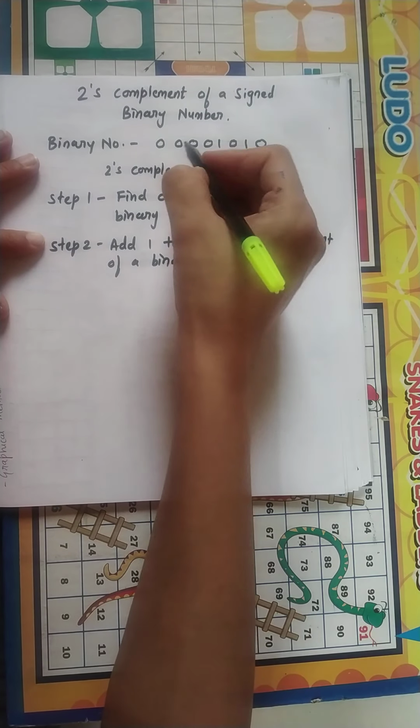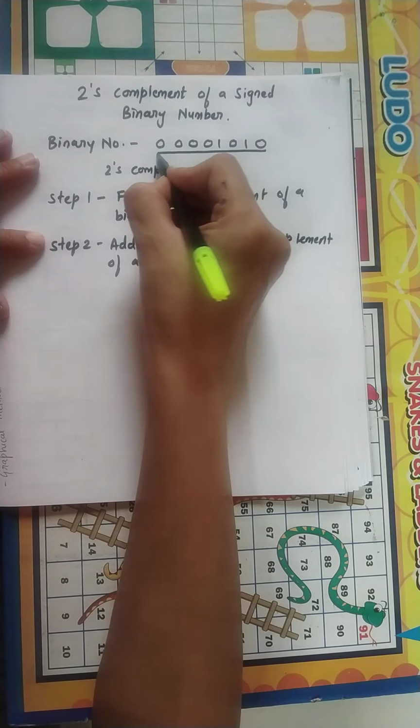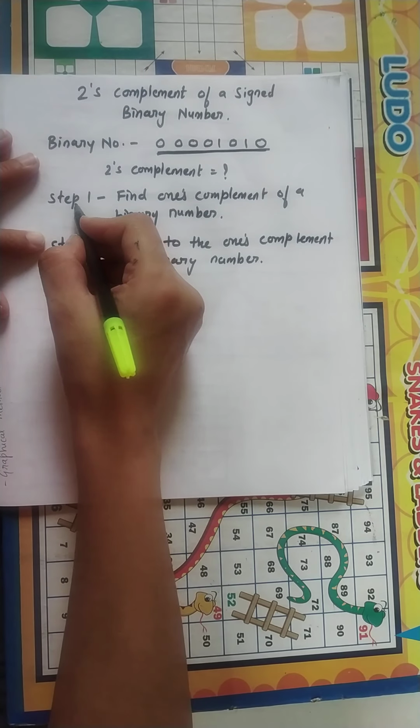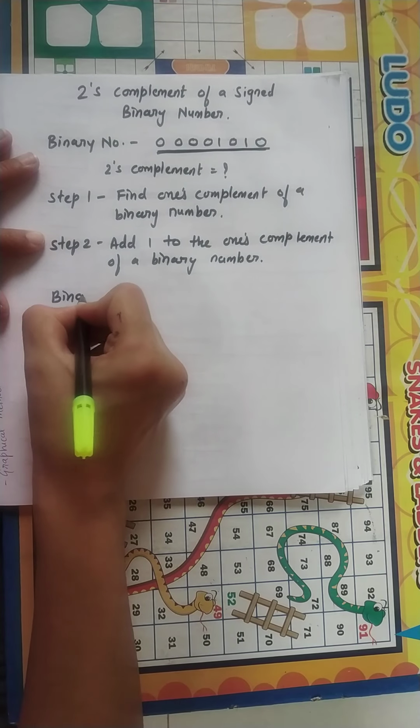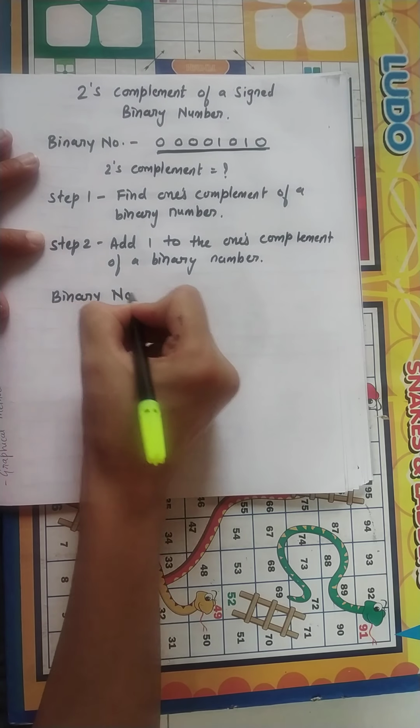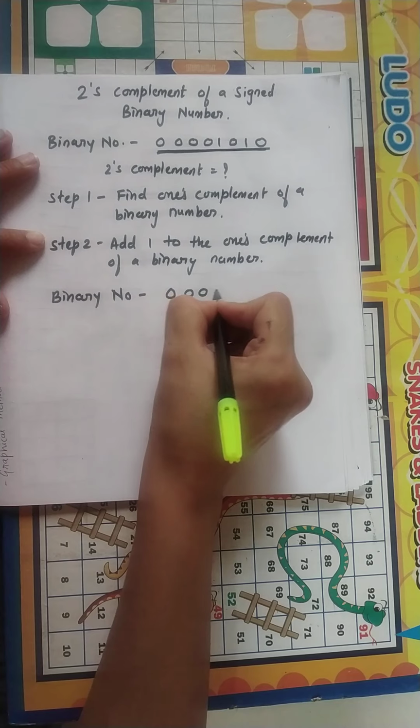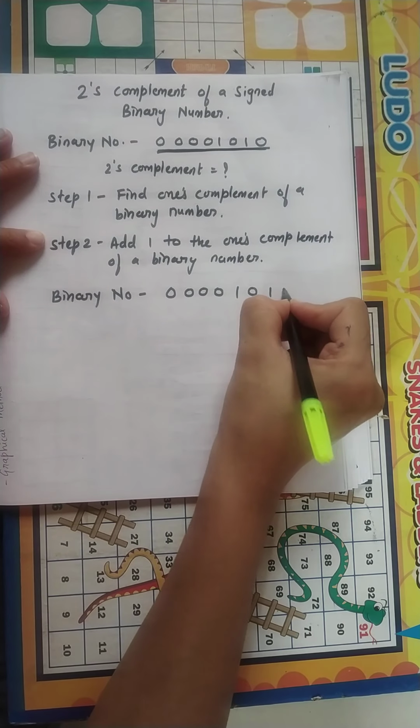Now I'll just solve this example by following these 2 steps. So my original binary number is 4 times 0, 1, 0, 1, 0.